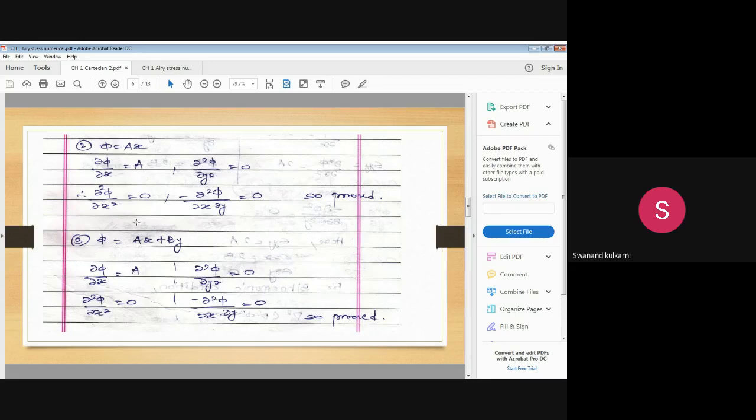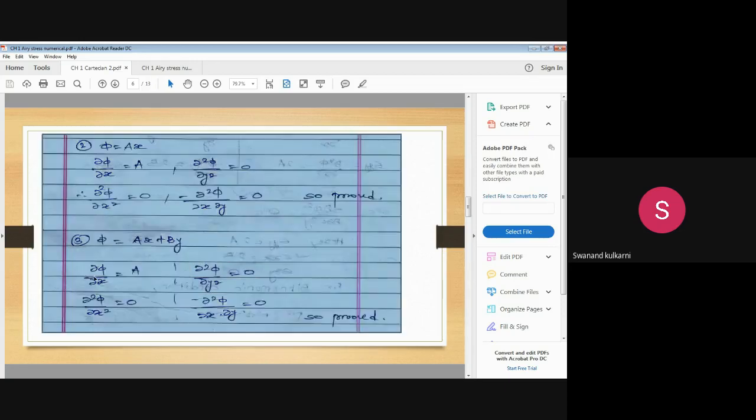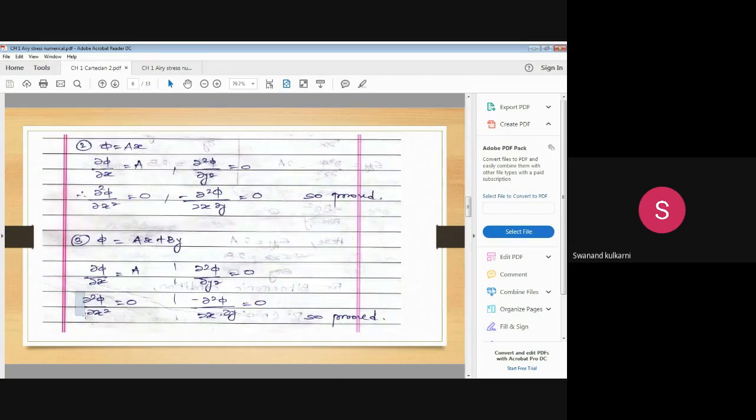If we differentiate with respect to x, this term is going to become equal to 0, and with reference to x differentiation, this will become equal to A. So ∂φ/∂x will become equal to A. Differentiating this equation with respect to x once again, we will get ∂²φ/∂x² equal to 0.